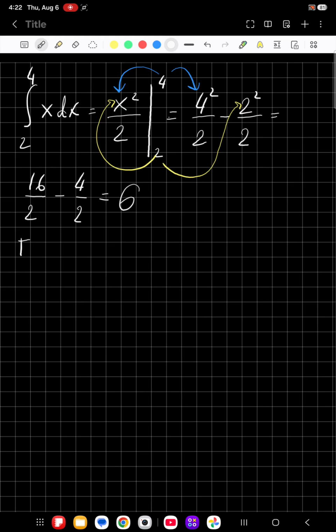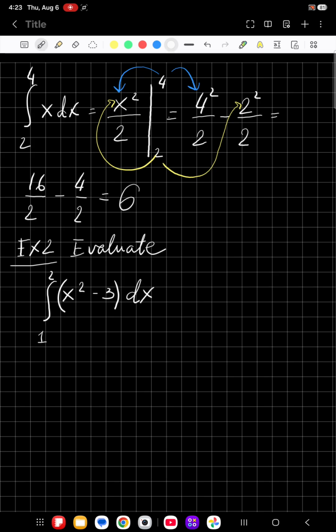Example 2. And it goes like this. Okay, so we have a curve, and it's a parabola, x squared minus 3. And again, let me start by showing you the picture so that you understand what you're actually doing.